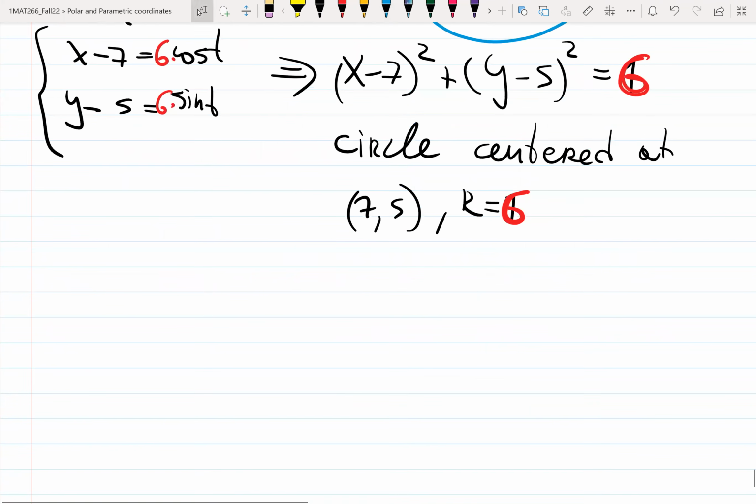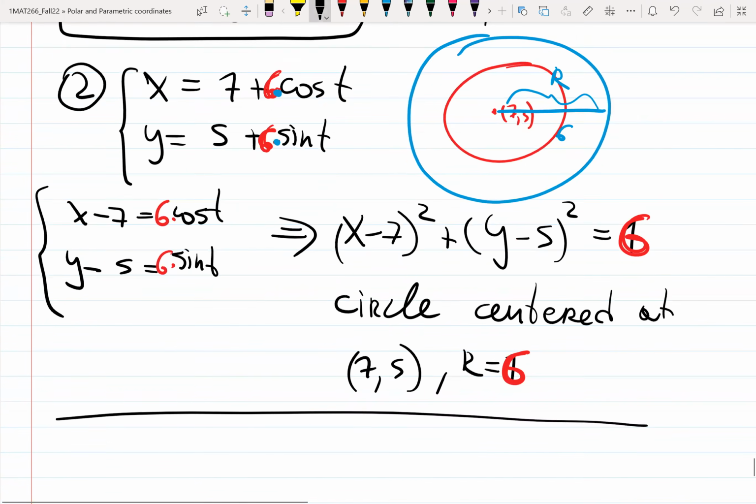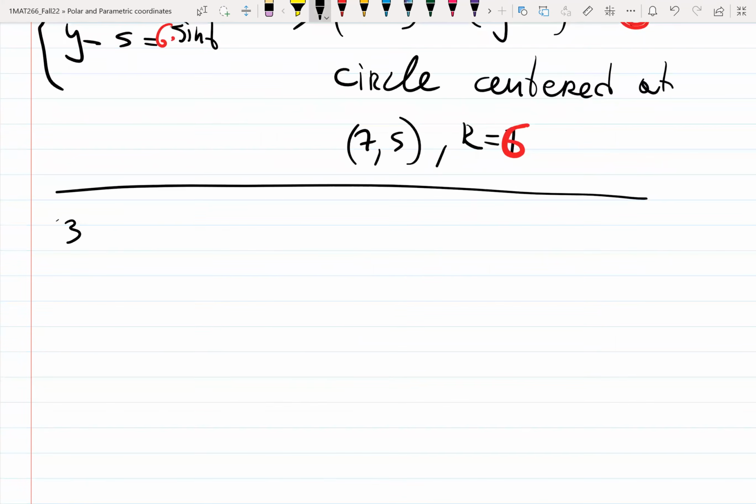From here, can you answer question number 3? Write down or find the parametric form for, and then I give you the shape.